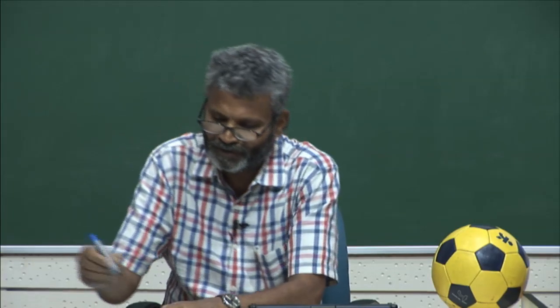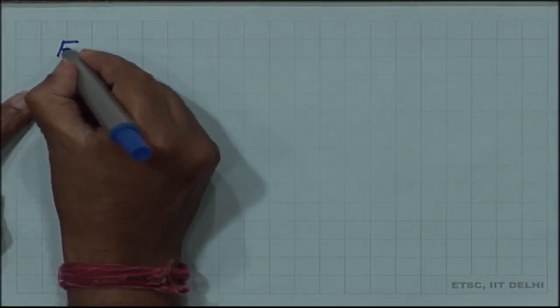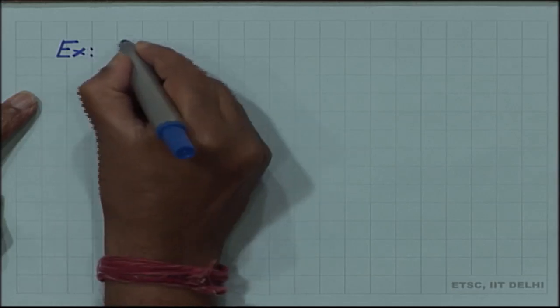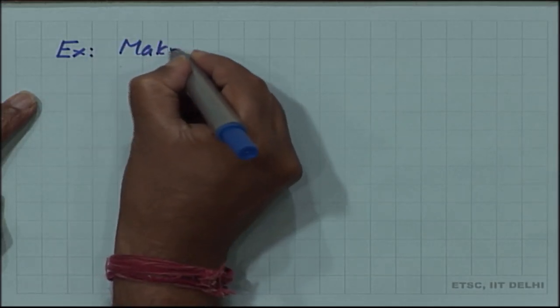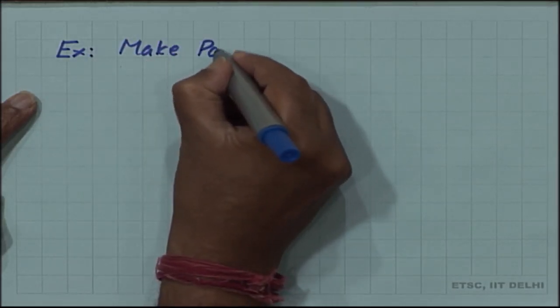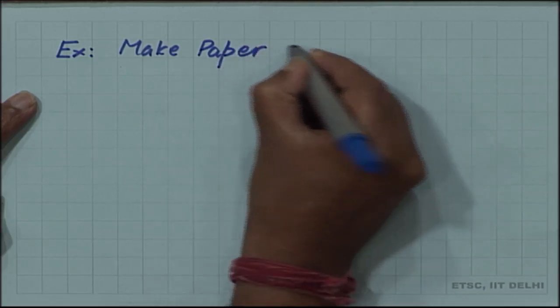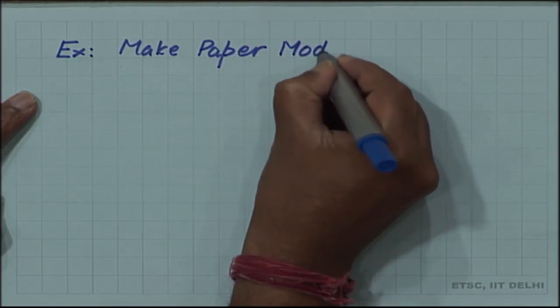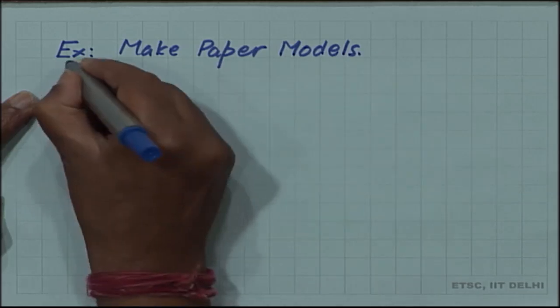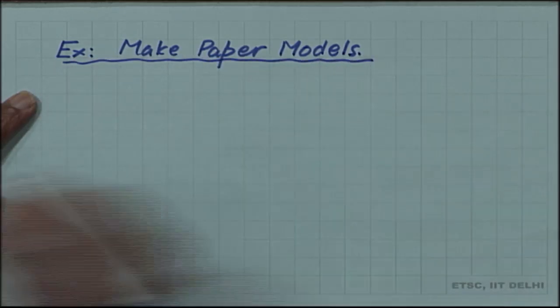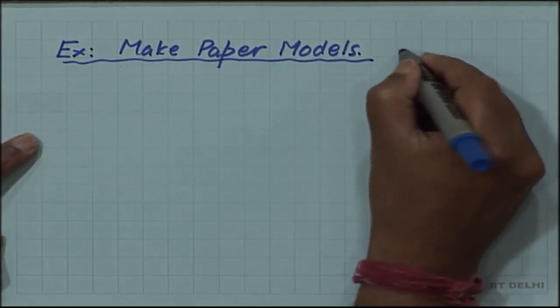If you want to become familiar with these, it is nice to make paper models of these solids. So, I leave this as an exercise for you. Make paper models. Not very difficult to make. You can Google.